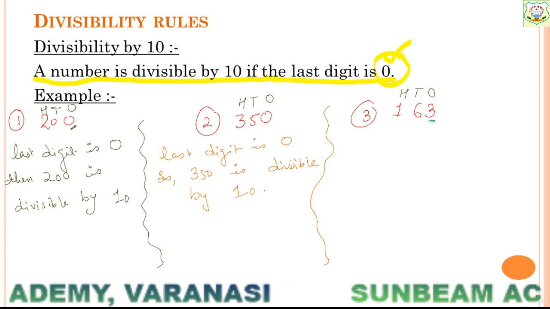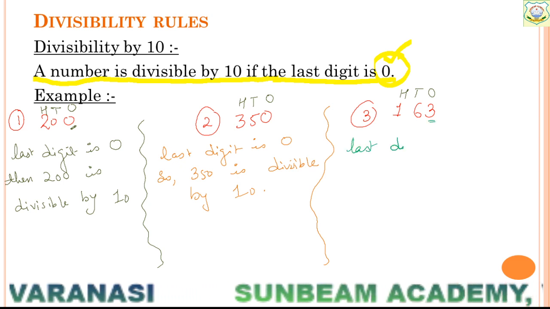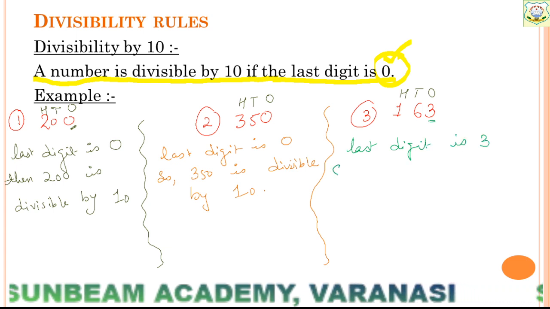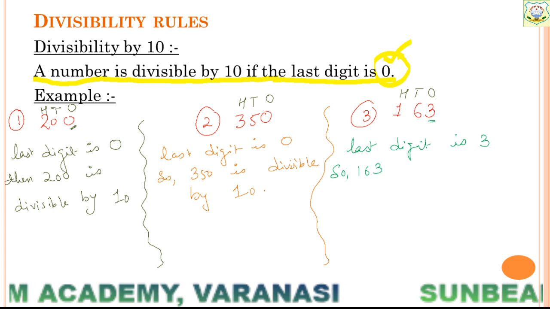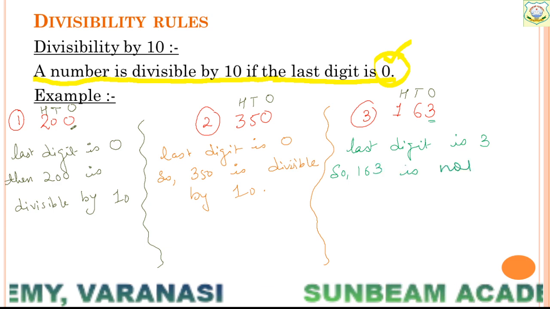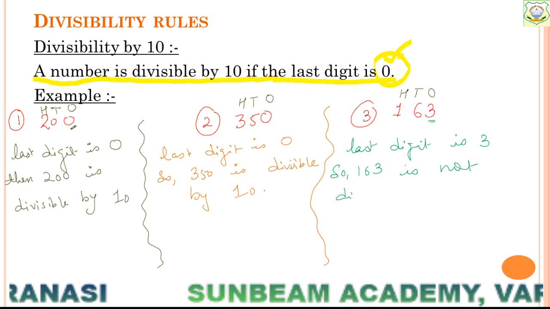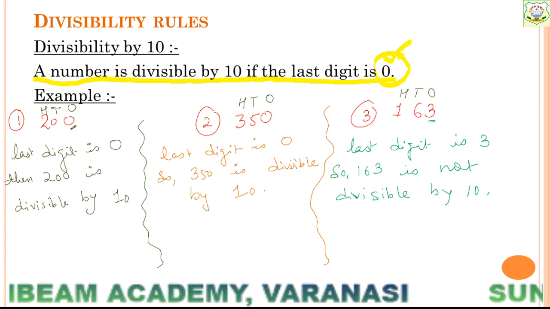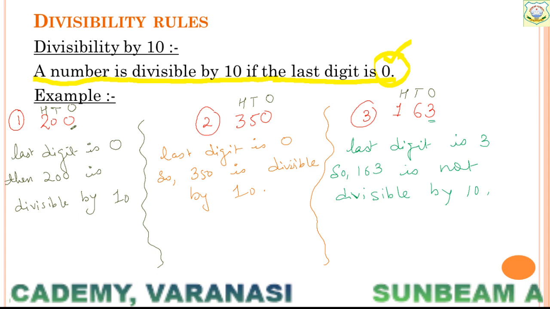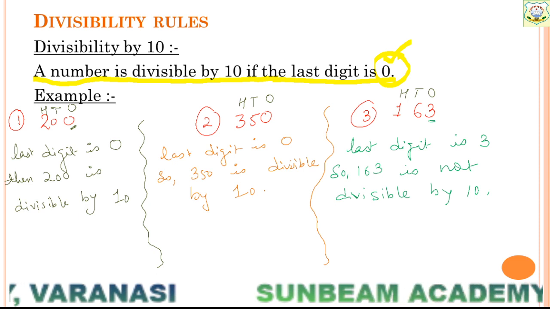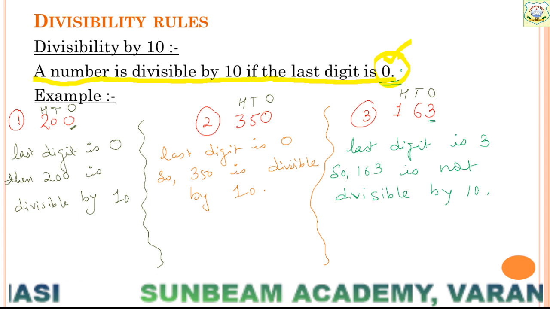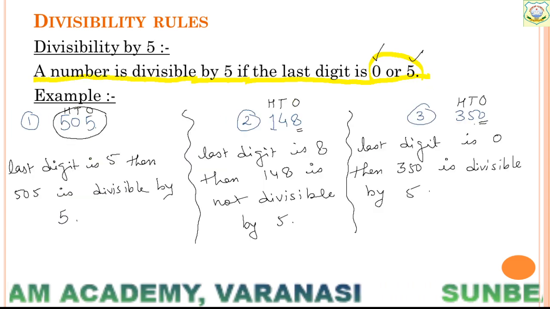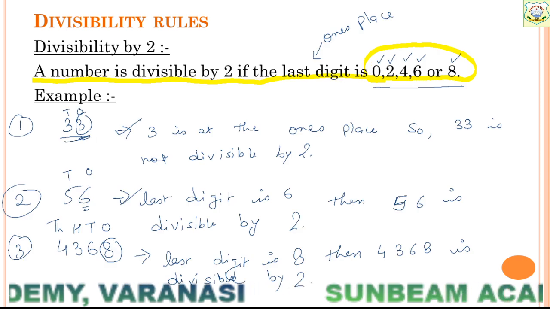Ones place is 3. So last digit is 3. So 163 is not divisible by 10. Okay. So we have to see if the last digit of ones place is 0, then only a number is divisible by 10. So have you understood the rule of 2, 5 and 10?